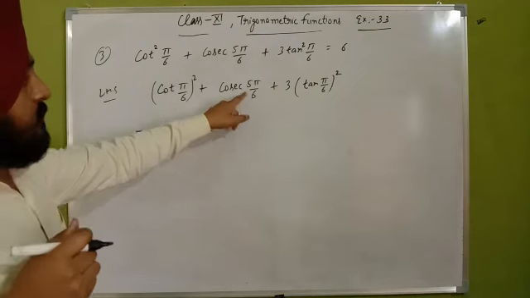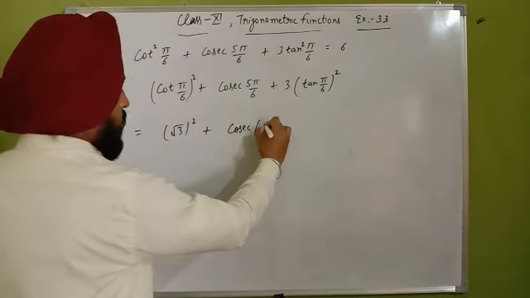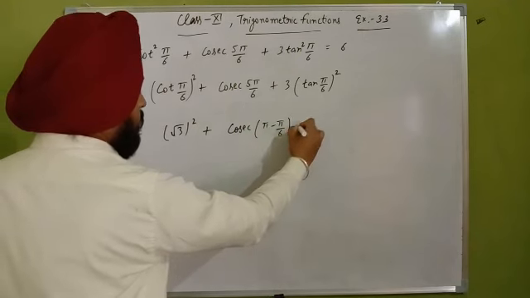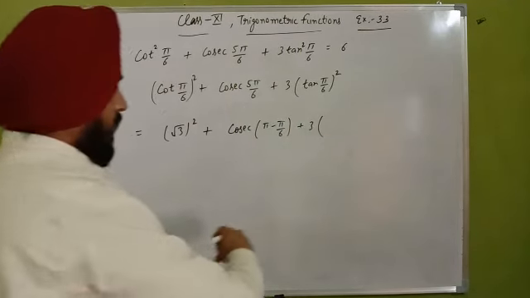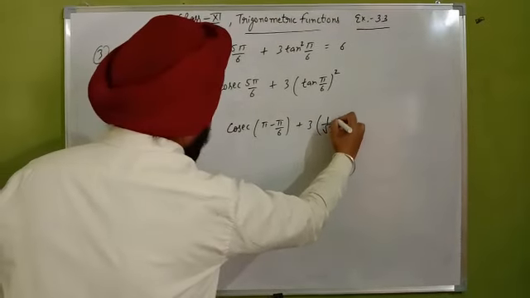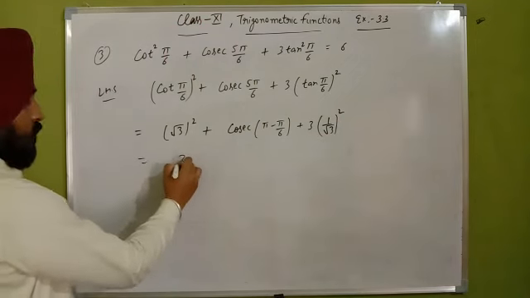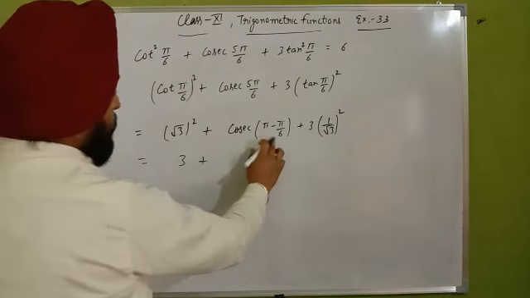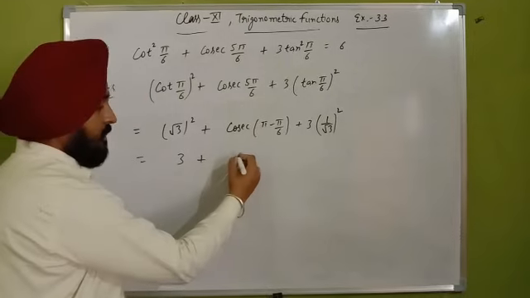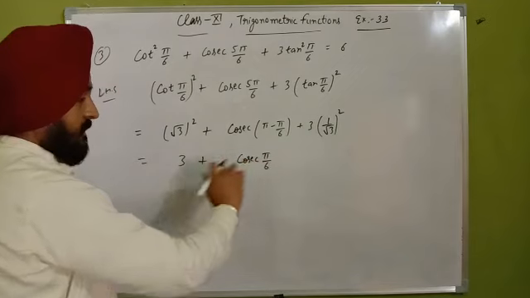plus, yes, now we have to reduce this 5 pi by 6 in the form of cosecant pi minus pi by 6 plus 3, yes, tan 30 degree is equal to 1 upon square root 3 whole square. Now square of square root 3 is only 3 plus cosecant pi, yes, it is a multiple of pi there, so it will turn to pi only, sorry, cosecant pi by 6.